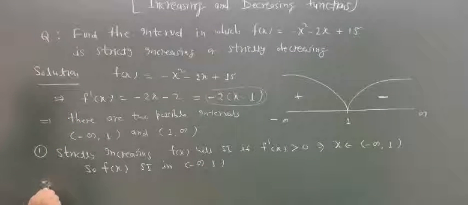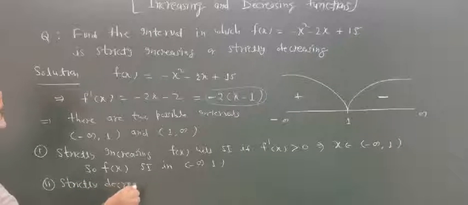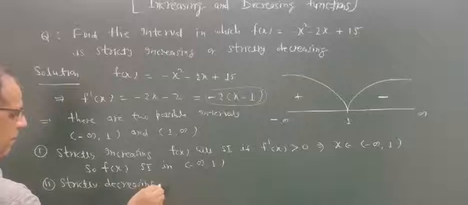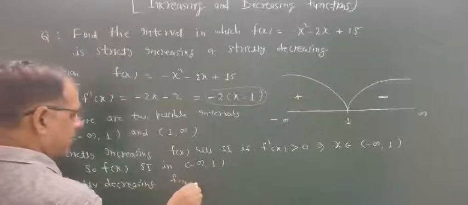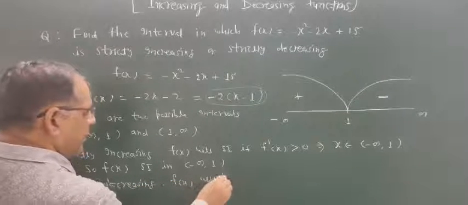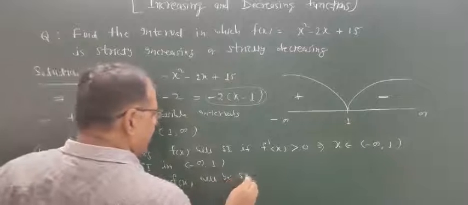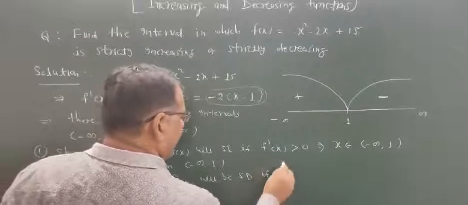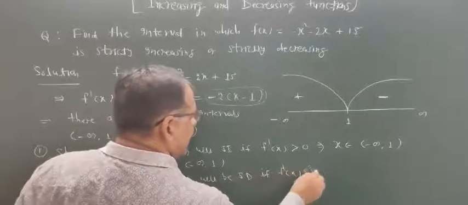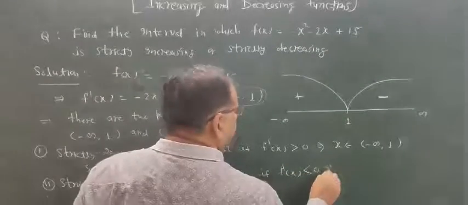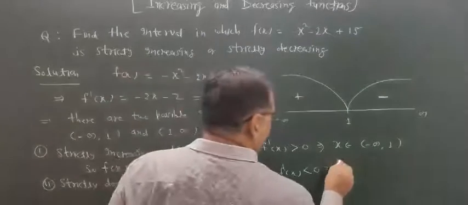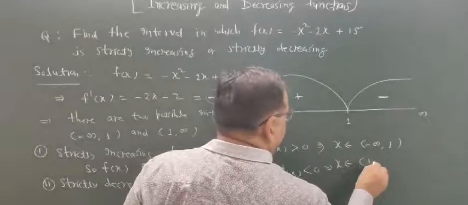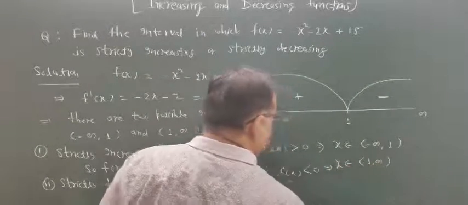Second point, strictly decreasing. f(x) will be strictly decreasing if f dash x is less than 0, and this is possible when x belongs to the open interval 1 to infinity.